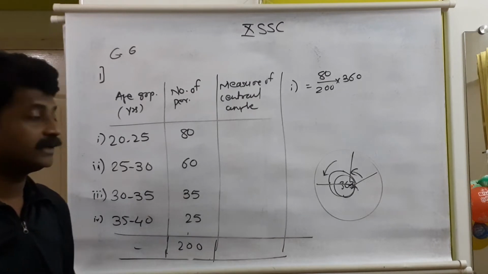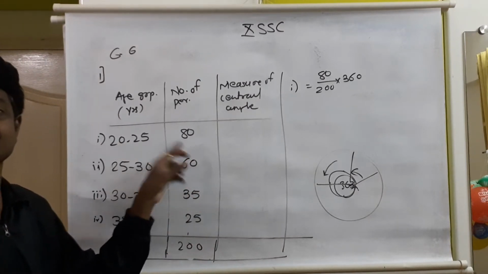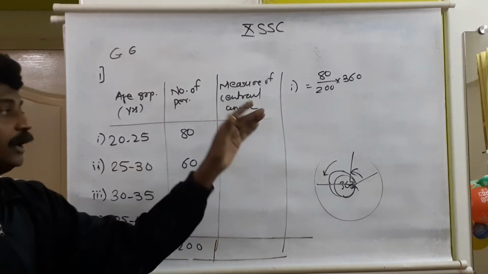So the measure of the central angle is necessary to calculate. Out of 200, if 80 are in this age group donating blood, then out of 360 degrees, how many degrees?